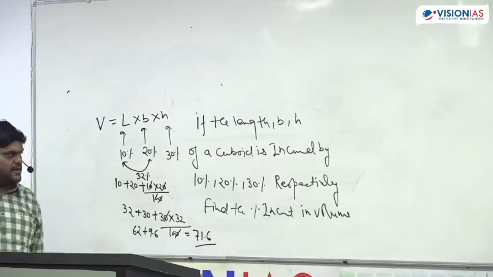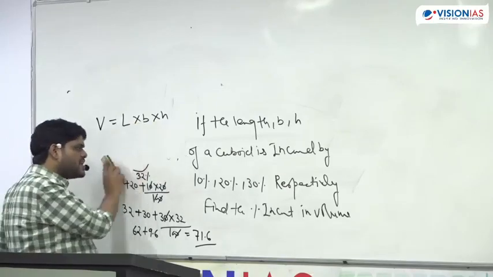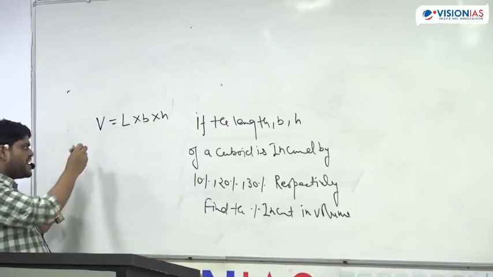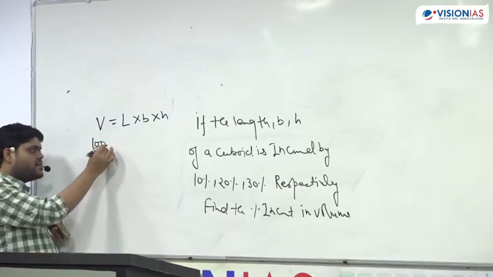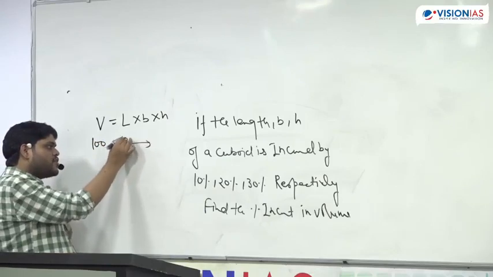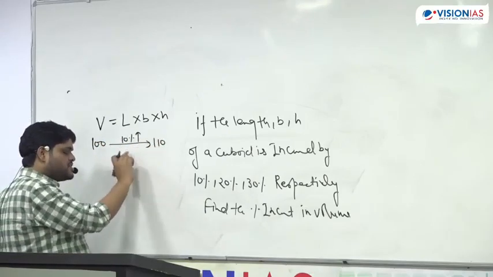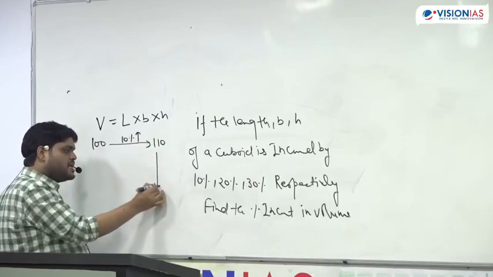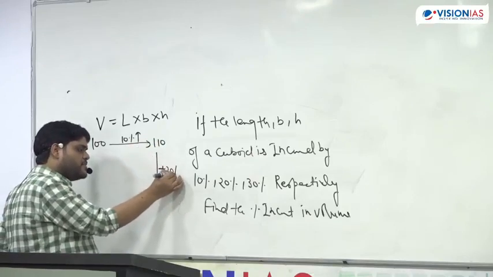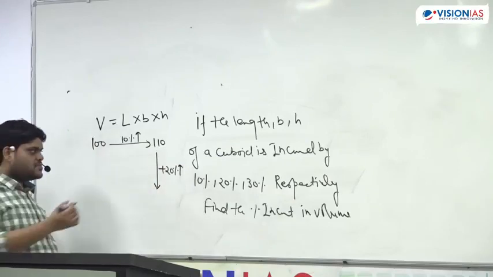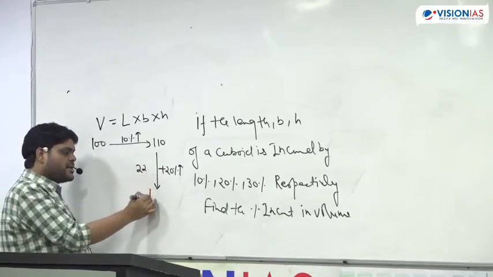This is the one way. The other way, we know that we can take volume as 100. The first increment of 10%, 10% of this number becomes 110. Then increment of 20%. So 20% increment means 22 increment.